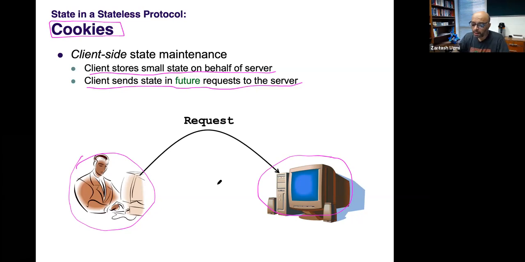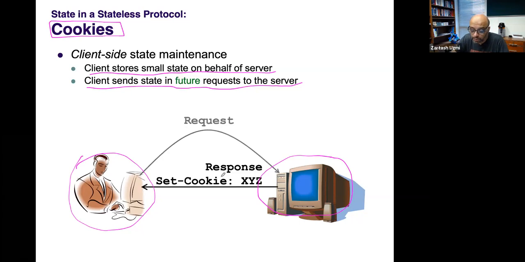The server would obviously respond with the HTML file. Within the response, you will include a response header, and that response header will have the value Set-Cookie equal to some number XYZ, 3452 for example.